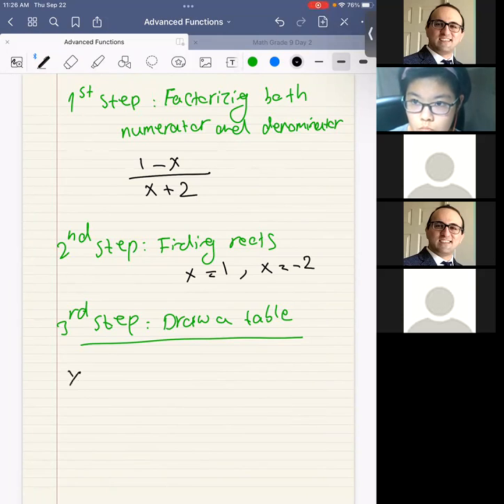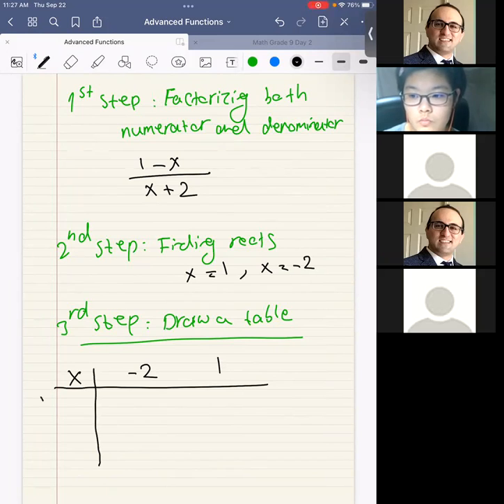So when you draw a table, you first put the roots in the first row. You have to put them in order, so you have -2, and then you have 1.